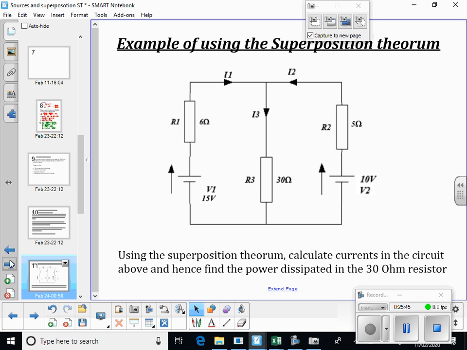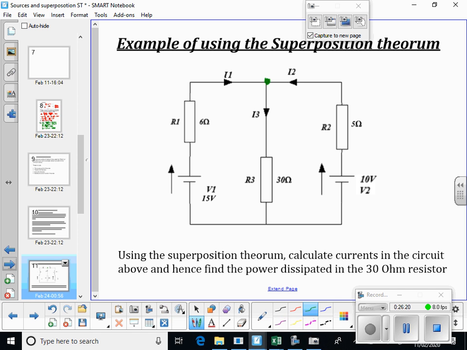Looking at the node at the top, at the moment we've got two currents going in, so we have to assume the third current is going down there. Everyone understand that?